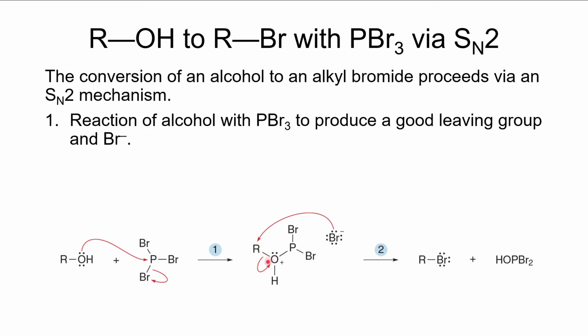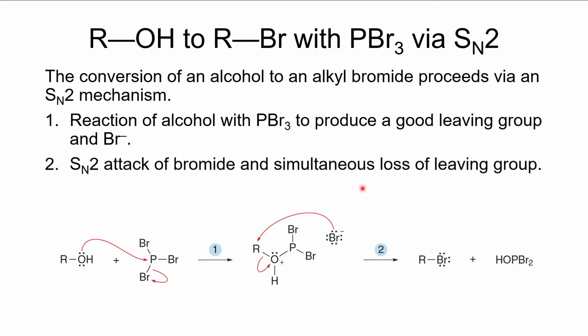And we'll get loss of this leaving group, which is the HOPBr2. All right. Turns out phosphorus really loves making bonds with oxygen. So forming oxygen-phosphorus bonds is a very favorable thing to do. All right, and then here we've got SN2 attack of the bromide. That's this step, right? That's this step.